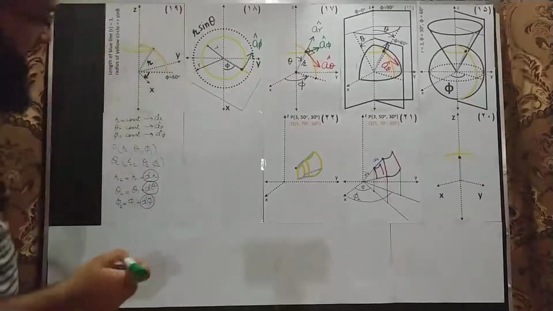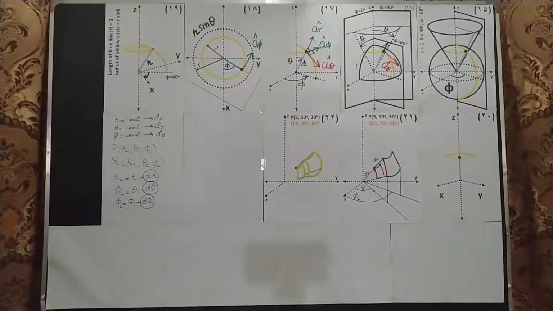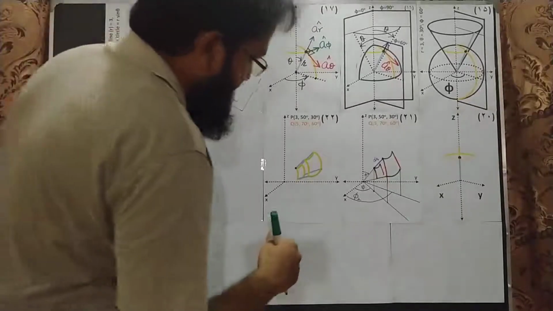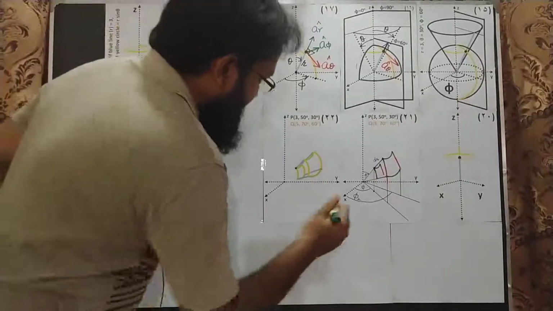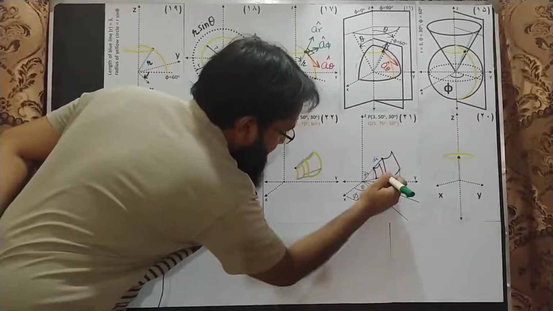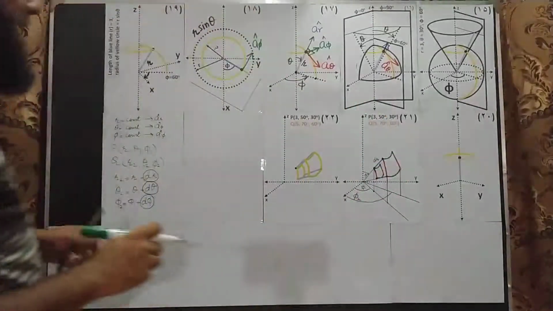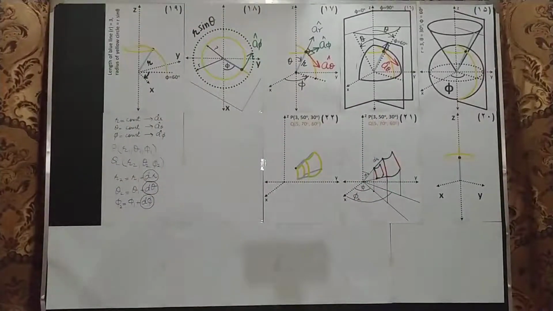Okay, phi. So another latitudinal curve, but that latitudinal curve is on the inner sphere. Similarly, if I want to move from this point to that point, I'll have to follow along a latitudinal curve.